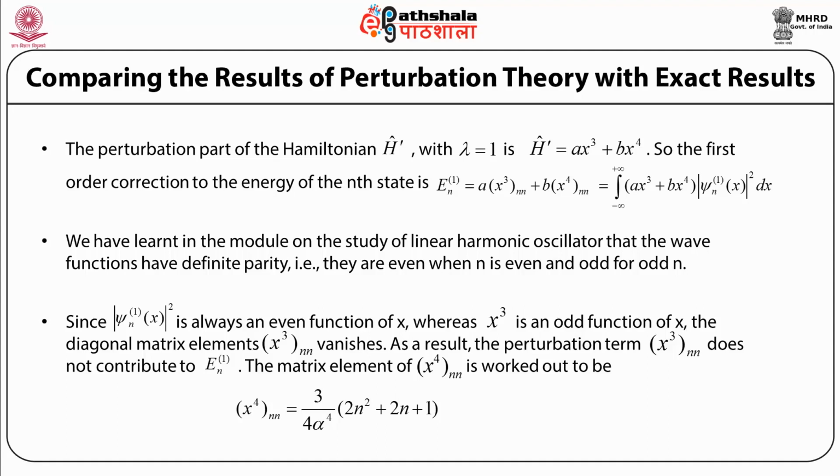As a result, the perturbation term a x cube does not contribute to E_n^1. The matrix element of x to the power 4, <x to the power 4>_nn, is worked out to be 3 by 4 alpha to the power 4 into 2n square plus 2n plus 1.